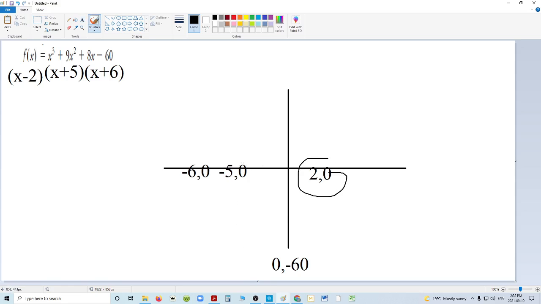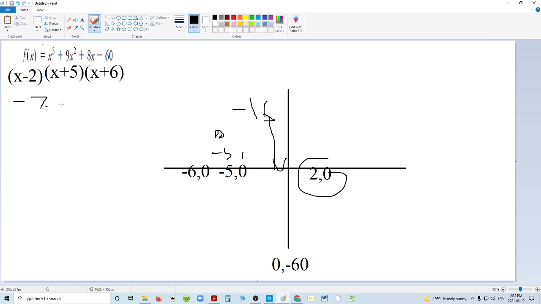And since the distance between 2 and minus 5 is 7, roughly here at negative 1.5, you will find the valley. And here at negative 5.5, you will find the peak, which is going to be very small. Just very quickly. Well, actually, it's going to be quite big.